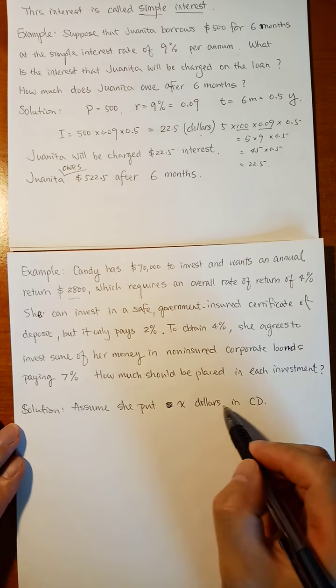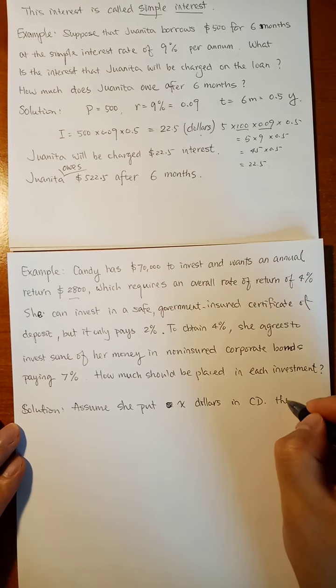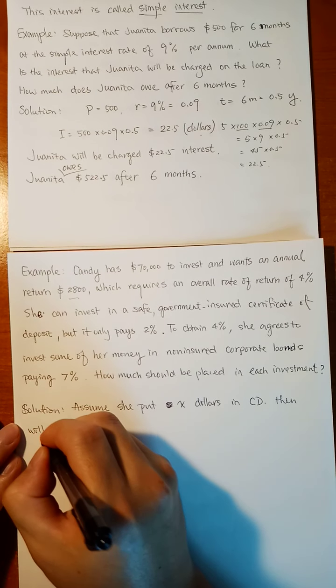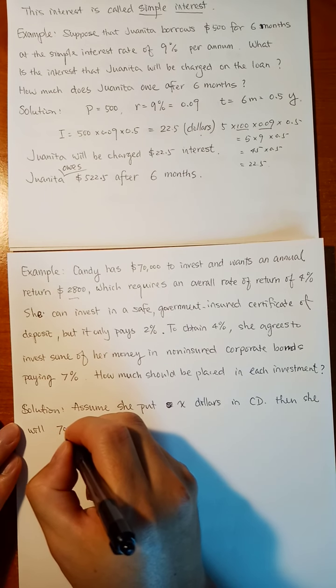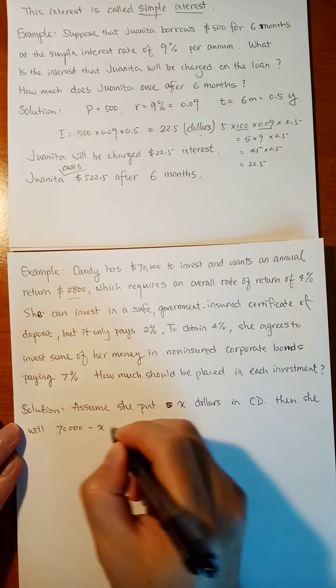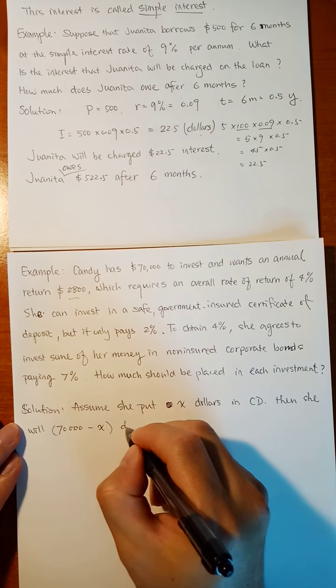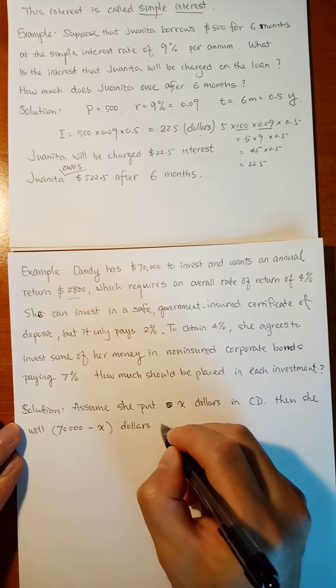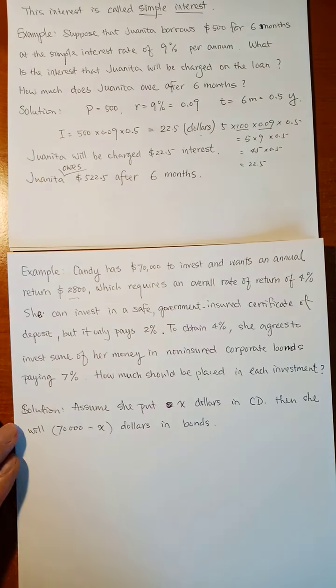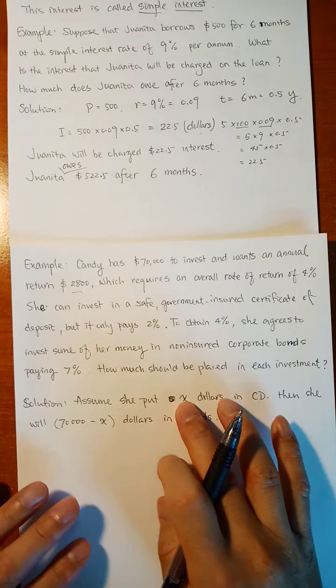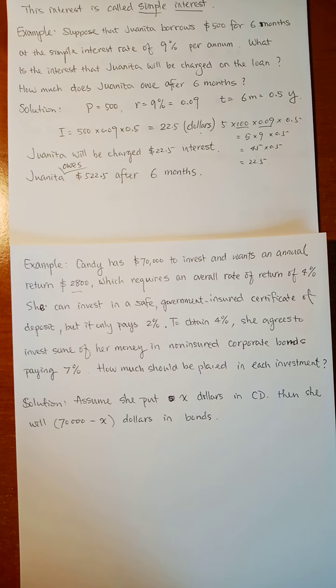If she puts X dollars in CD, then she will put 70,000 minus X dollars in corporate bonds, right? We have this amount of money in here and the rest of the money in the other place.